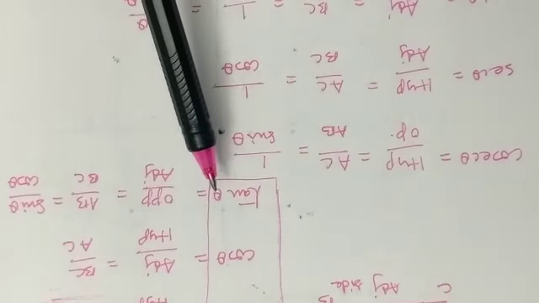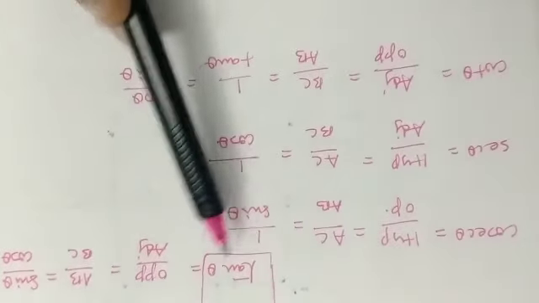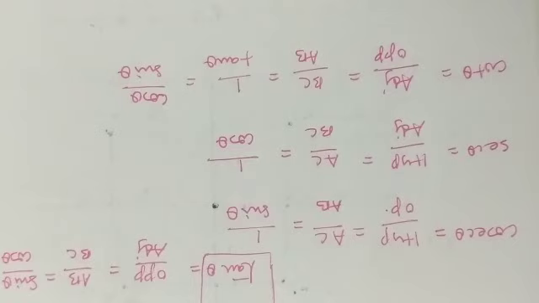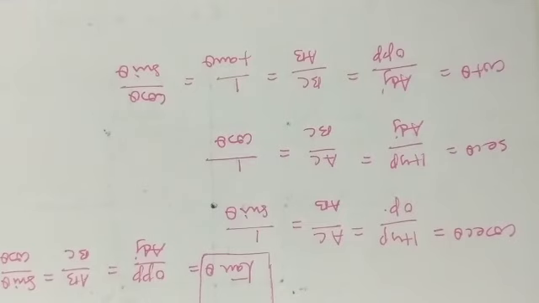If you know tan theta, you can say cot theta. So out of these six ratios, sin theta, cos theta and tan theta are called primary trigonometric ratios.